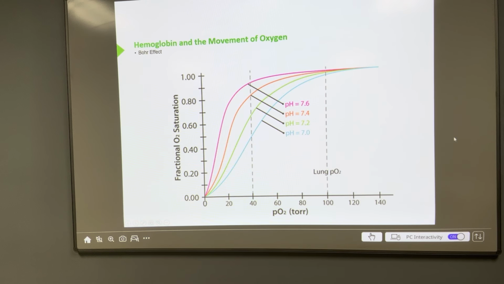Now, the Bohr effect, our good friend. That shows us here. So now look: pink, pH 7.6; orange, pH 7.4; green, pH 7.2; blue, pH 7.0. Obviously, the more you move to the right, the more stressful. What is more stressful, 7.6 or 7.0?